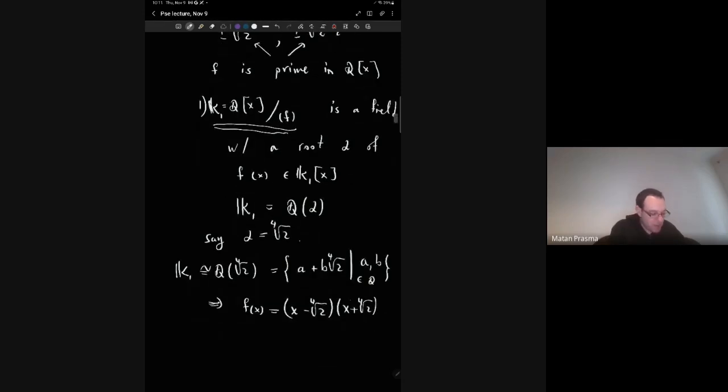But there is another part which is not yet decomposed, and this is x squared plus square root of 2 over K1.